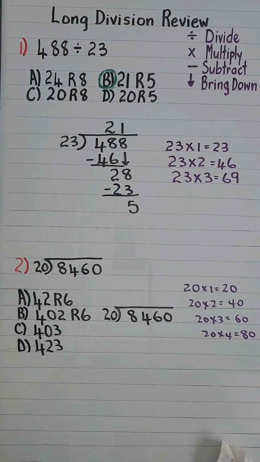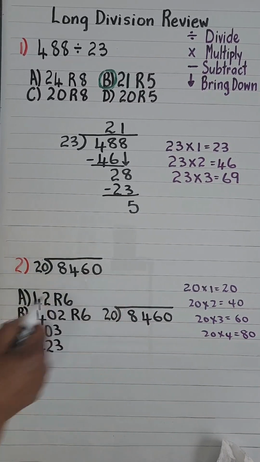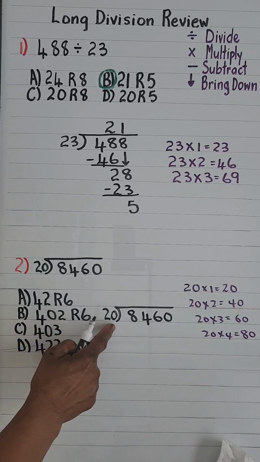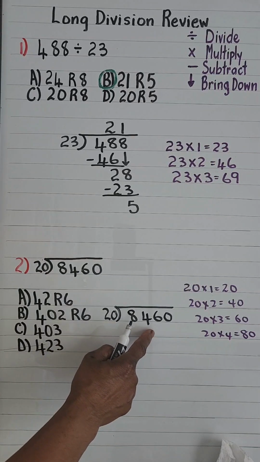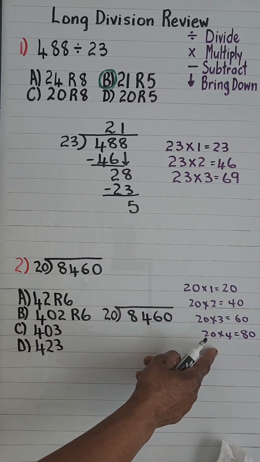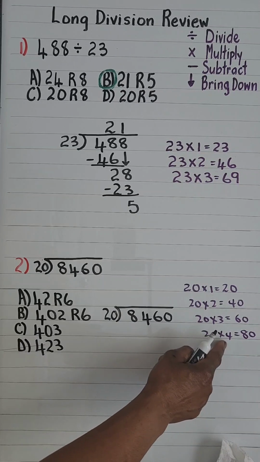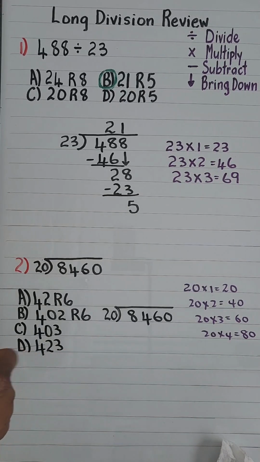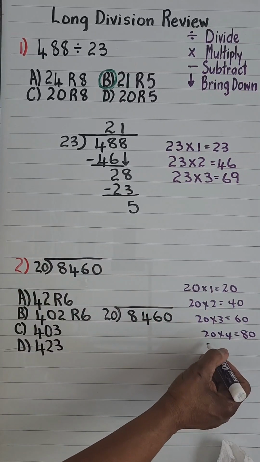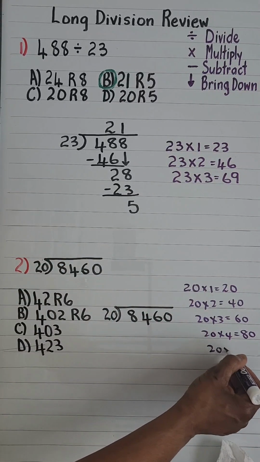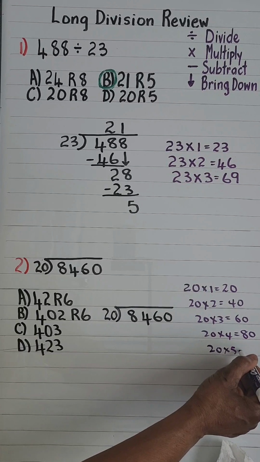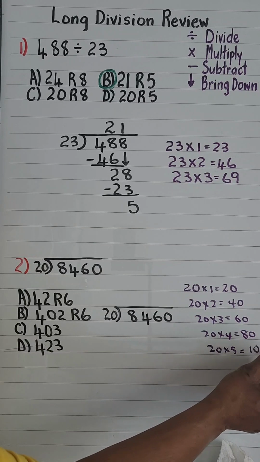First, divide. How many times can 20 go into 8? 0 time. How many times can 20 go into 84? Let's look at our tables, and we see 20 times 4 is 80. So, to be on the safe side, let's do 20 times 5, and that is equal to 100.